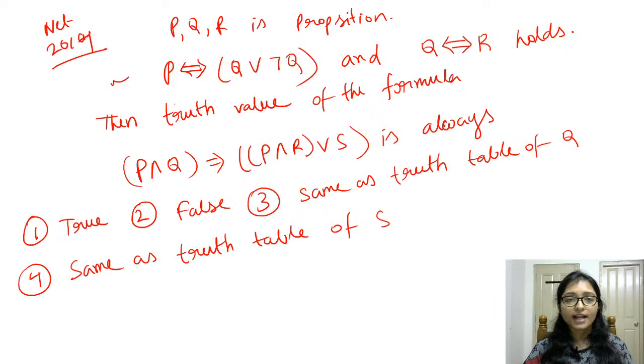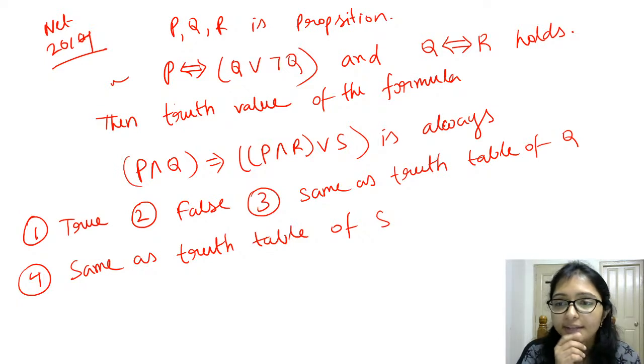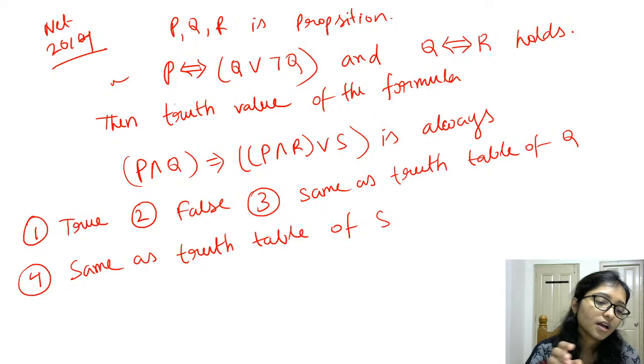Assume that P is equivalent to Q or not Q and Q equivalent to R holds. Then the truth value of the formula P and Q implies P and R or S is always true: first one is true, second one is false, third one is same as truth table of Q, fourth one is same as truth table of S. Okay, done.